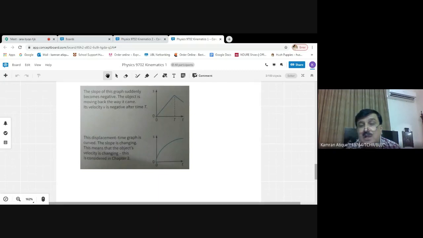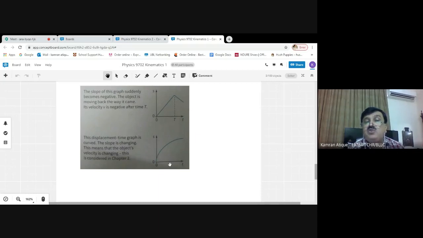I repeat, the object is covering lesser distance in every next equal interval of time. I can make five different equal intervals of time on this graph. Interval 1, interval 2, interval 3, 4, and 5.